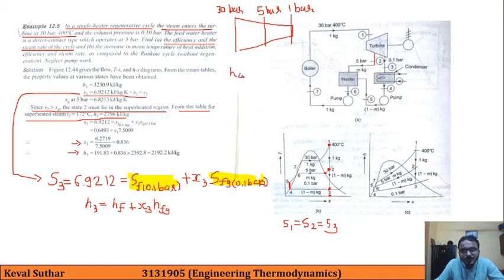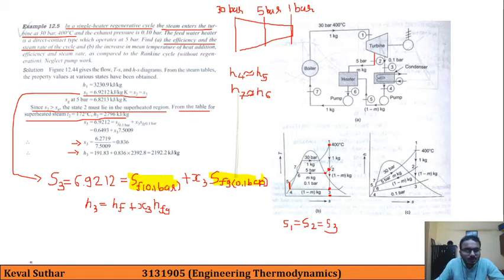H4 is taken as approximately equal to H5 and H7 is approximately taken equal to H6. Now these two values, H4 is obtained from the steam table as well as H6.